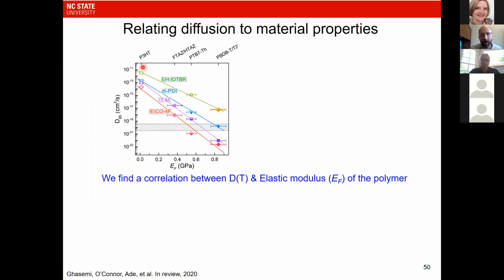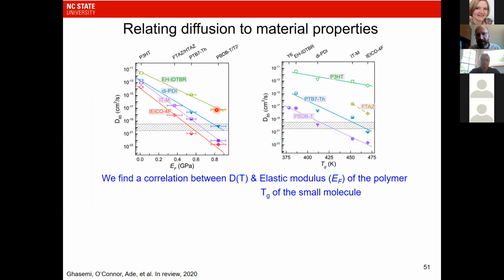And so for the different polymers, as you make them stiffer, you reduce the diffusion coefficient of a given small molecule. And that makes intuitive sense. And the other part of this is, what about the small molecule? Well, it turns out if you give the small molecule a higher glass transition temperature, so this would be the glass transition temperature of the small molecule, so at what point does it go from a glassy to a viscous fluid state, then for a given polymer, you increase the Tg and you also drop the diffusion.